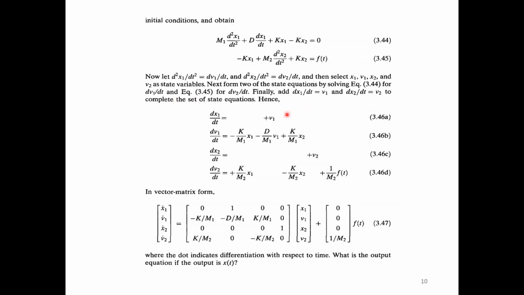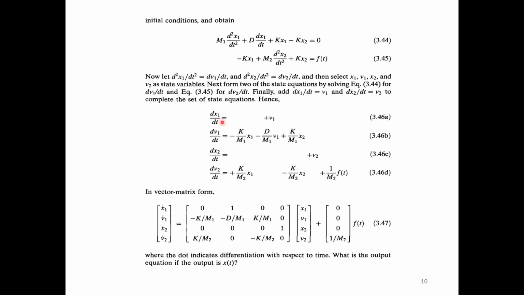Now dx1 dt is v1, and dv1 dt is equal to what? Just do the calculation. Just differentiate it, then you will get this one. And dx2 dt is v2, differentiate it, then you will get this one. Now from this we can write the matrix.